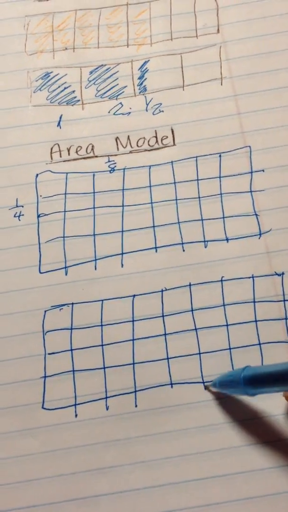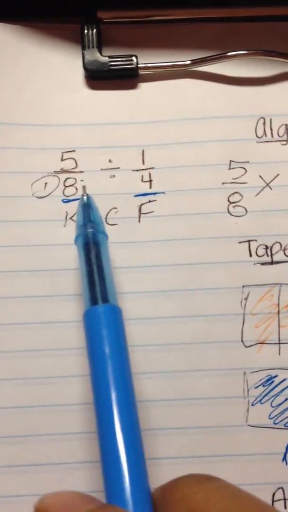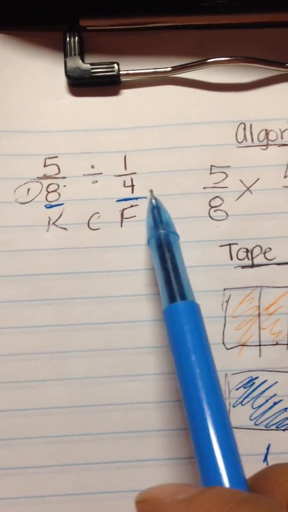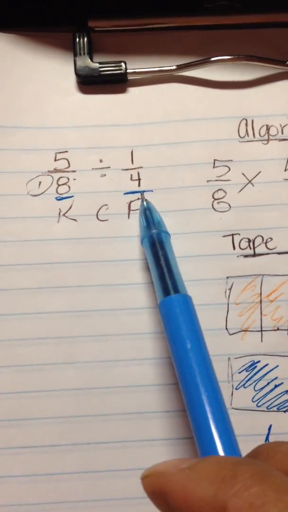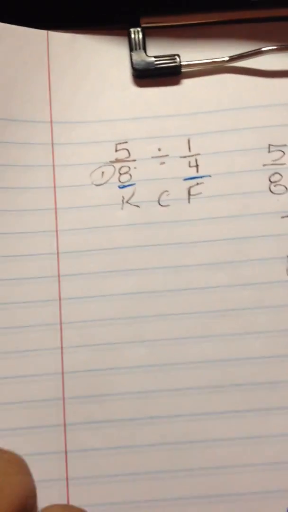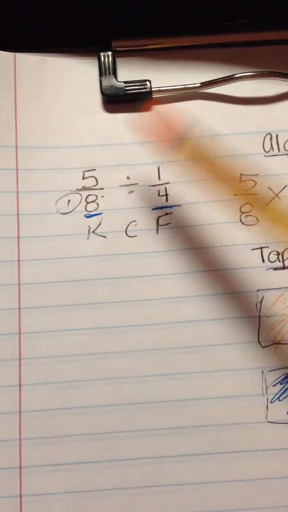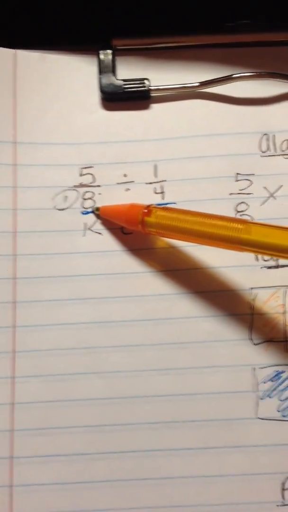Okay, so we have done what our denominators told us to do. It said to draw a box and divide it one way by 8 and the other way by 4. Now we'll do what our numerators tell us to do. This numerator said, take those 8ths, which we divided in columns, and color in 5 full columns.